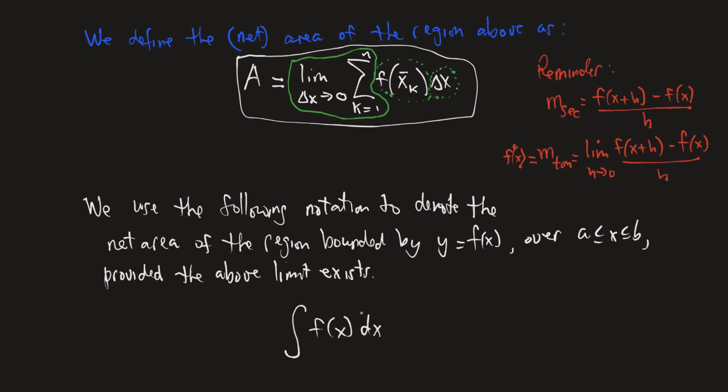But then one thing we have to convey is, what we would like this notation to do for us is to tell us one, that we're talking about an area, and that's going to be implied by the notation. Two, that we are working with a particular function, and that's where the f of x part comes in. But we also need to know the interval.